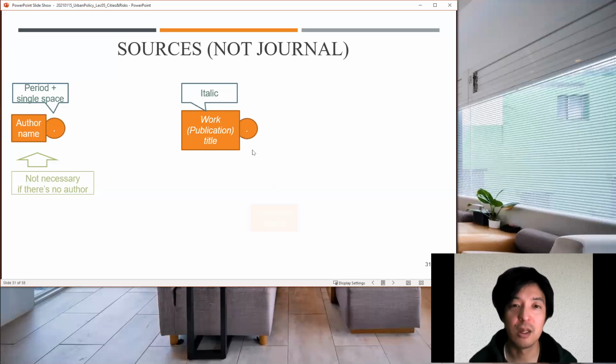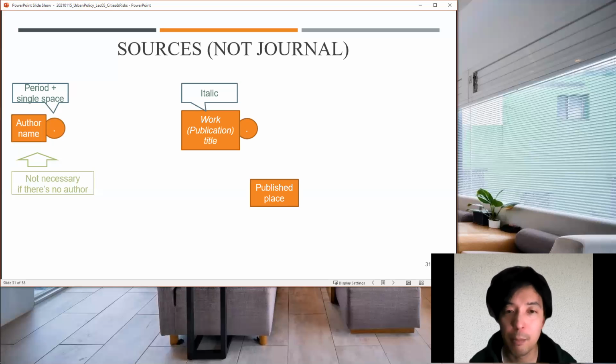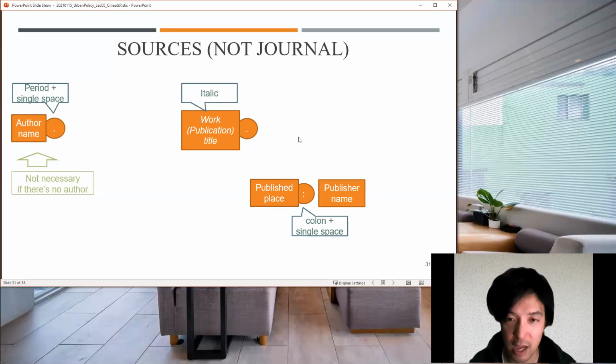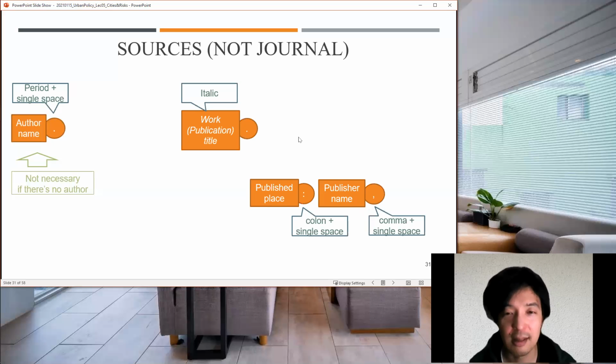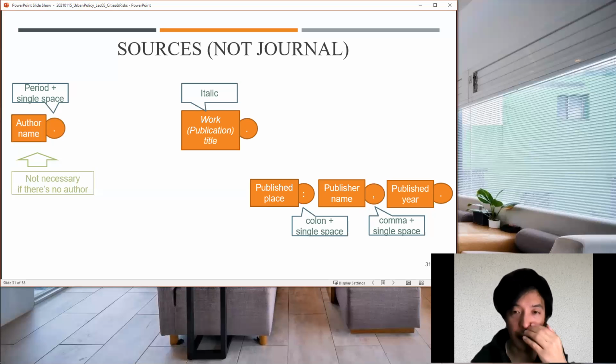And after that, we use a period. And the place of publication follows. And you use a colon and a single space. Then the publisher name, a comma and a single space, and the publication year and a period. Okay, if it was a book, all you need to write is this information.